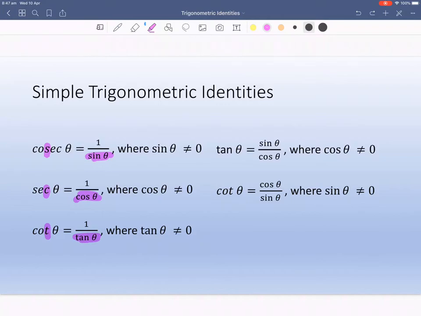We're going to be looking at that more often, and that will happen periodically, so there'll be an asymptote every single time. And just like that, cot is the inverse of tan, so you'll see cos over sine. That will become really important. So make sure you write these notes down, and we'll move on from there.